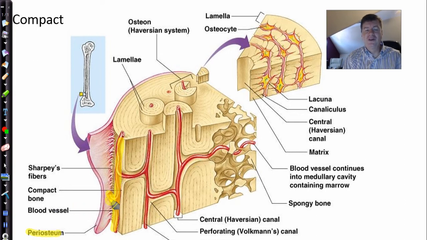These periosteal blood vessels actually also run through these somewhat horizontal channels so they can nourish all the bone tissue. These horizontal channels are called Volkmann's canals. I know you see the V there, but it's actually pronounced with an F. Volkmann's canals are these horizontal channels that allow blood to come from the outside, from the rest of the circulatory system, to the periosteal blood vessels, and then into wherever it needs to go.